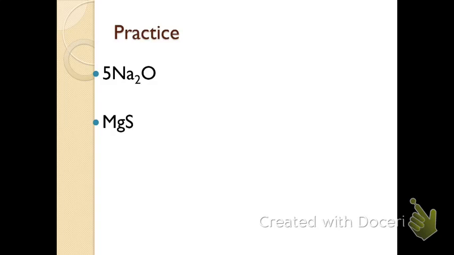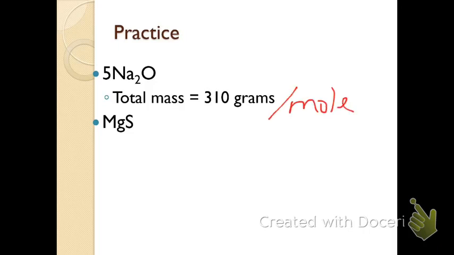Pause the video, come back and check. You should have got a total mass of 318 grams. Is that 318 grams per mole? Absolutely not, because I'm talking about more than one. So this is not grams per mole. It's just grams. Okay?